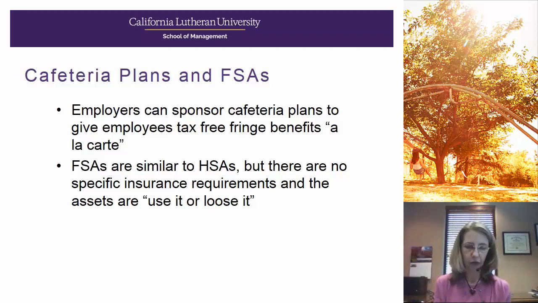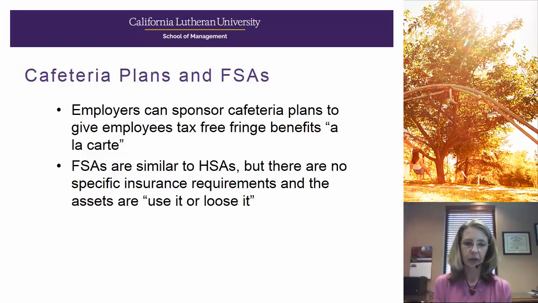So obviously health insurance would be one of those benefits, perhaps some sort of health savings account, health reimbursement account, dependent care benefits, and there could be some other benefits that the employee can choose from a la carte, and those payments are made pre-tax. And pre-tax is very beneficial because that reduces gross taxable income, and as we learned in the previous lesson, it is more valuable to have a deduction for AGI than a deduction from AGI, which is what in effect cafeteria plans allow employees to do, have deductions for AGI.